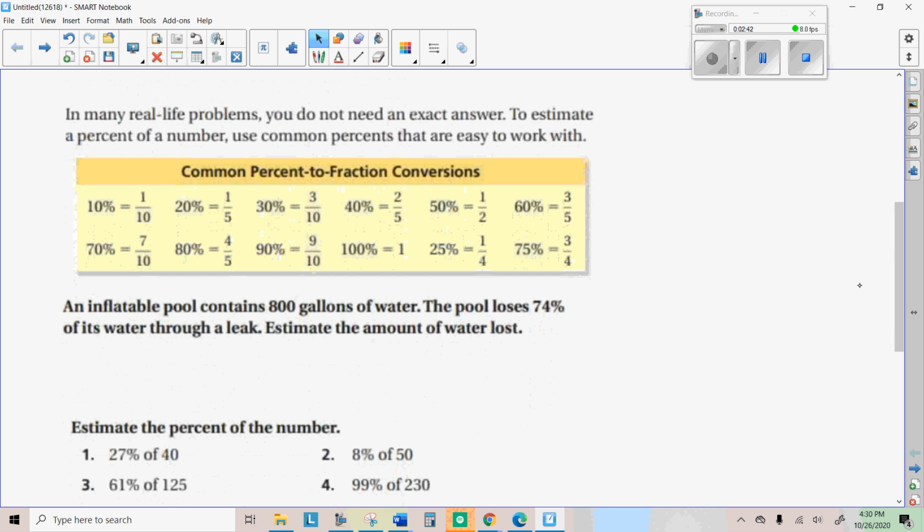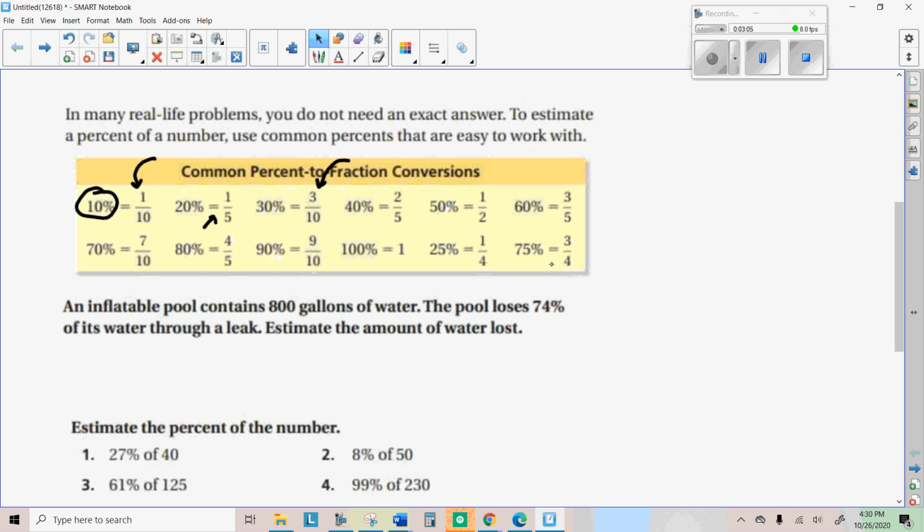Another way to estimate percent problems is think about what fraction they make, because then you know what to divide it by. Like if it's 10%, you need to divide it by 10. If it's 20%, since that's 1/5, you divide by 5. And then 30% is just 10% 3 times, right?